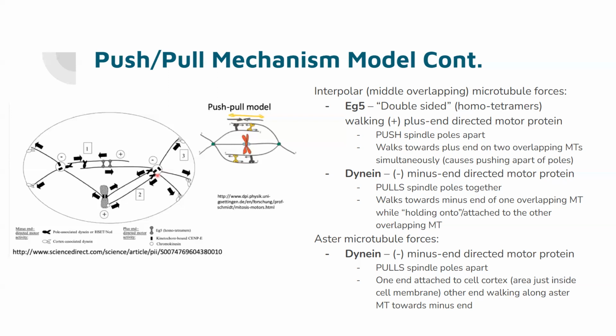And the kinesin 5, or the egg 5 in this case, is what's going to help push these microtubules apart from each other. What does this do in the ultimate spectrum of cytokinesis, or M phase really? It helps the cell sense enough pressure in the microtubules so that the chromatids can get pulled apart.